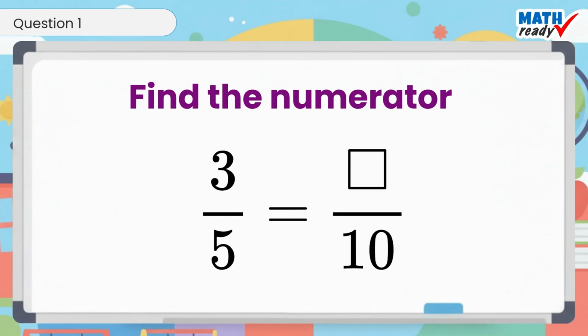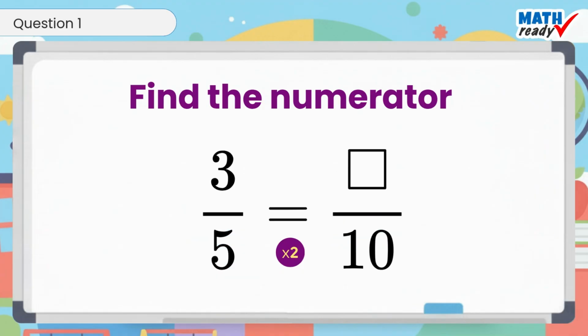Find the numerator in the second fraction if 3 over 5 is equivalent to something over 10. For our first fraction, we can see that the denominator is 5, and in the second fraction, the denominator is 10. This means the denominator in the first fraction was multiplied by 2 to become 10, which is the denominator in the second fraction.